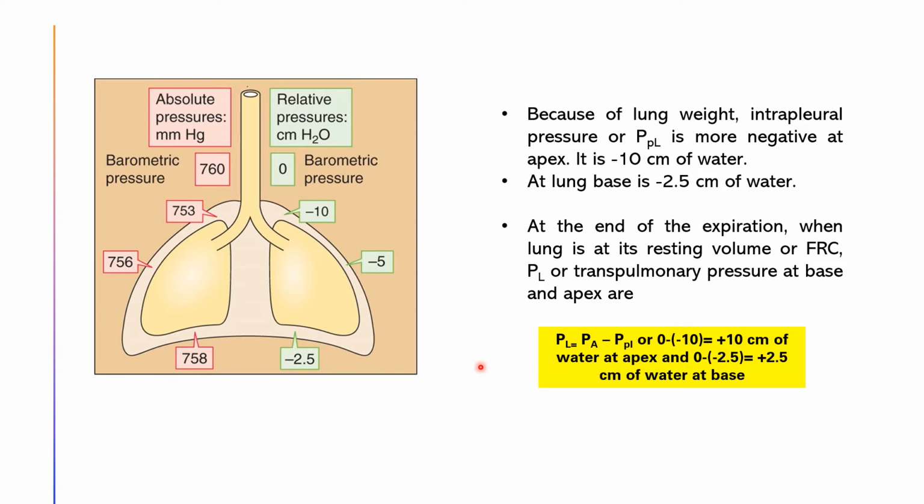So we get plus 10 centimeter of water pressure at the apex of the lung. Whereas at the base, the transpulmonary pressure becomes 0 minus minus 2.5, that is equal to plus 2.5 centimeter of water. So it is clear that the distending pressure is plus 10 centimeter of water at the apex, whereas it is plus 2.5 centimeter of water at the base.